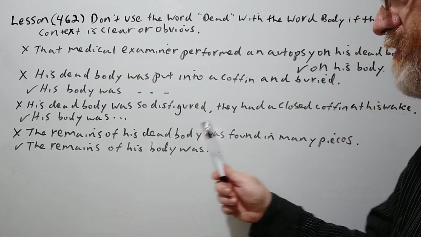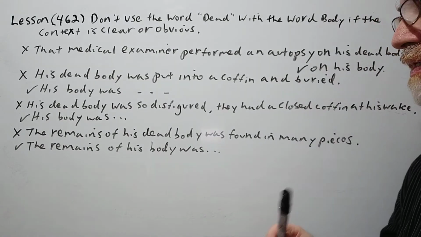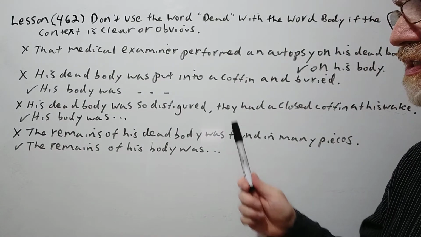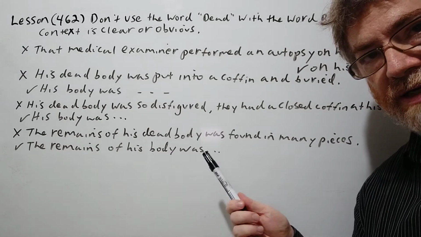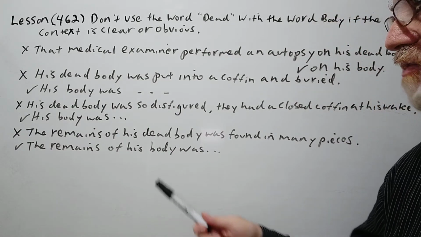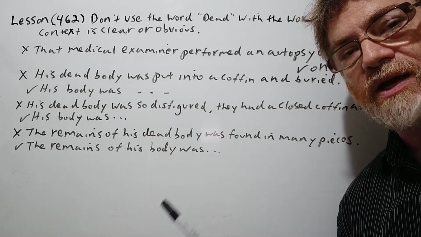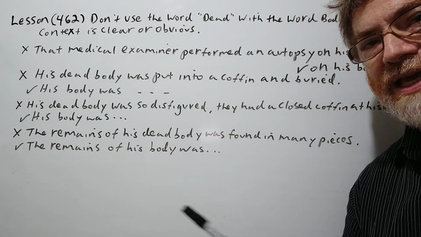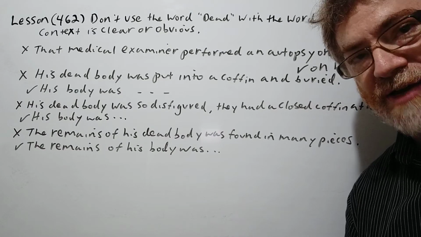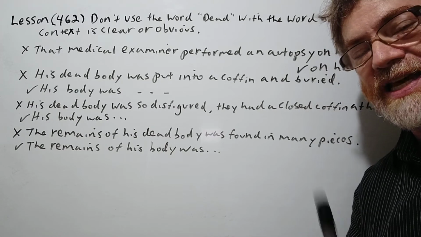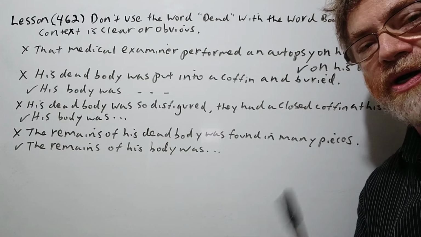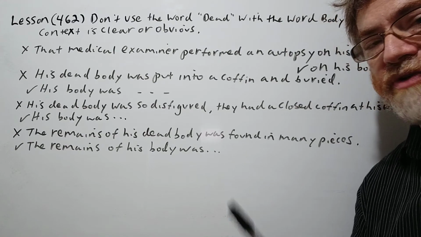So, the remains of his dead body was found in many pieces. Of course, again, you don't need the word dead here. It's understood. The remains of his body was found in many pieces. So we understand that if he's in many pieces, he's not alive. He's dead. He's been torn apart or blown apart or cut apart, whatever it is.